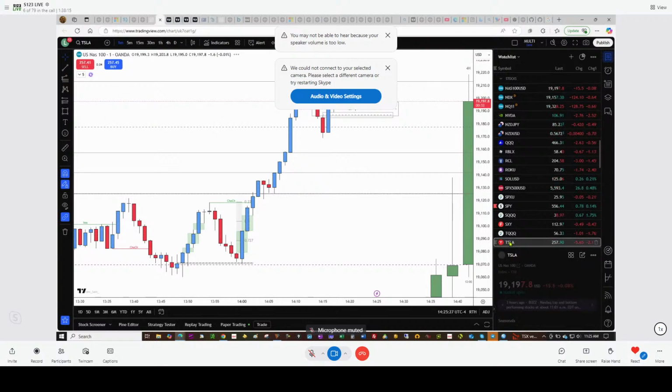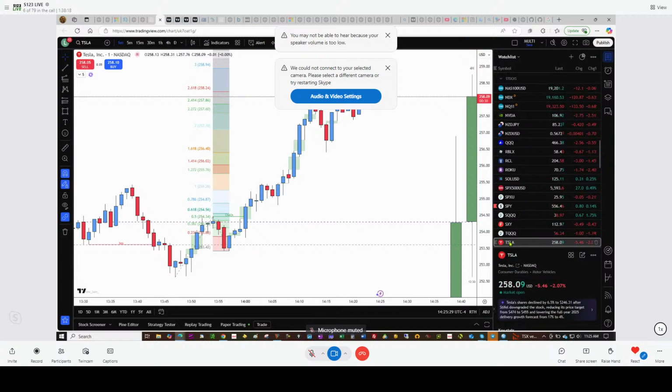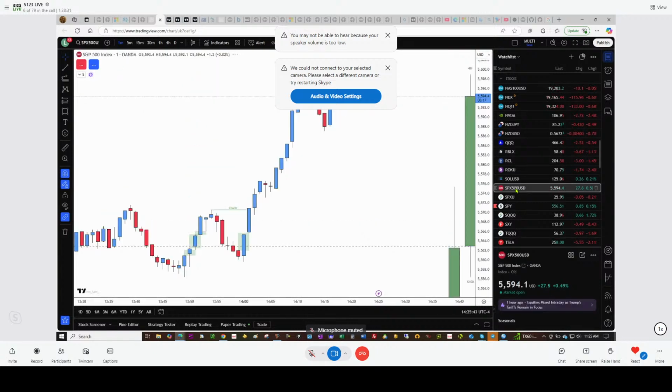Yeah, let's see Tesla at this point. Tesla is similar to the NAS right now. They're just in a fourth wave area, so they can induce you to go long and short in here and mess you up. S&P is similar, so you can see we're just kind of starting to go sideways a little bit.